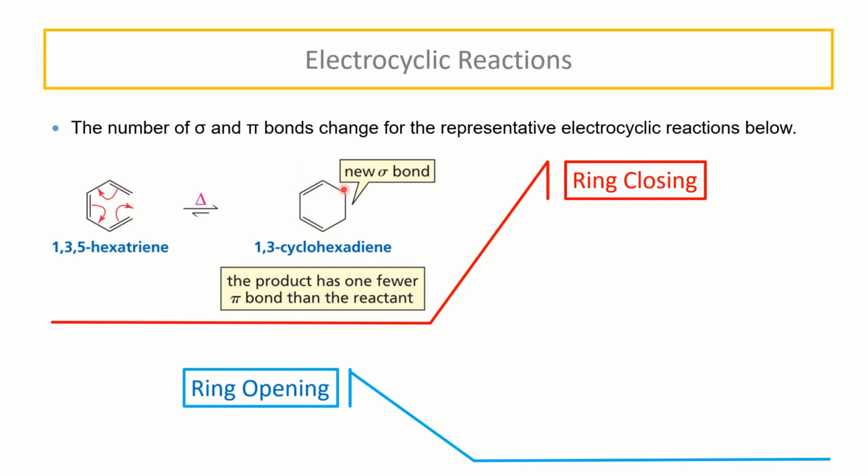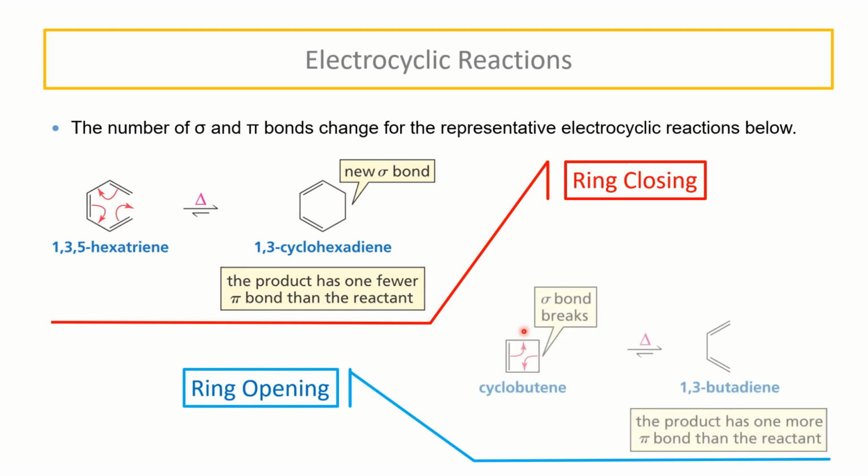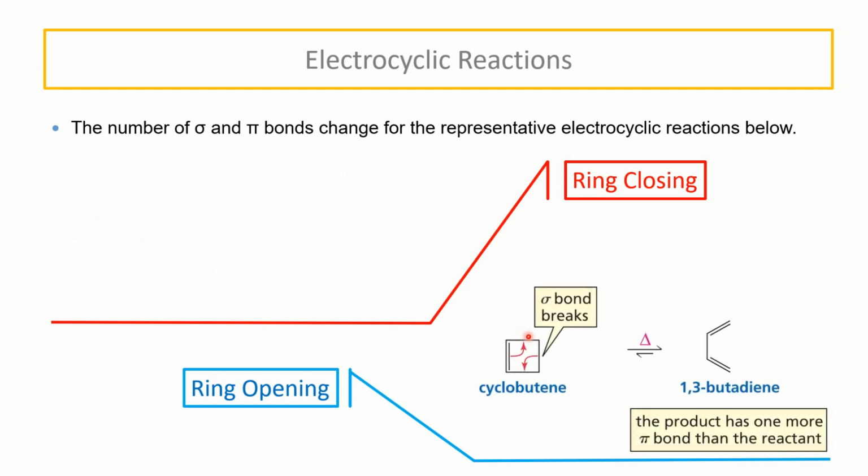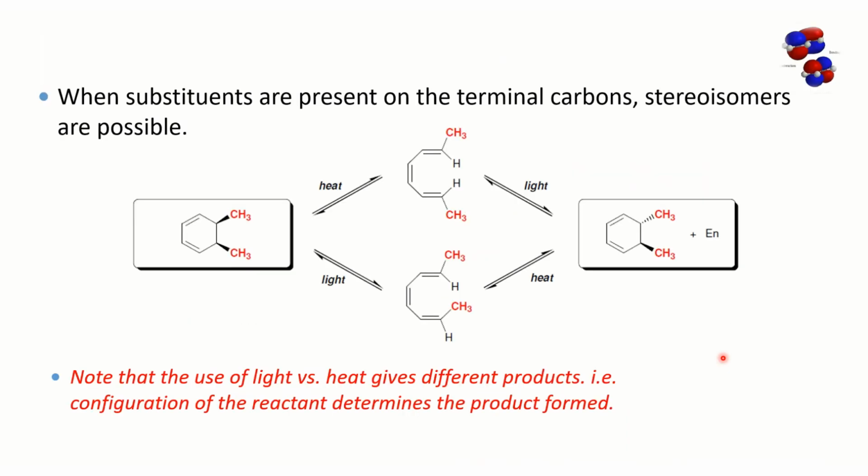Still the same number of degrees of unsaturation. In the ring opening reaction, we have a new pi bond, but ring plus alkene is still 2 degrees of unsaturation. So there's no change in the degree of unsaturation, just in the number of pi bonds.